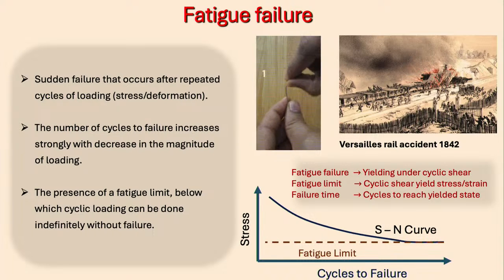The lack of understanding that fatigue can happen when a solid is subjected to repeated load led to various disasters in the middle of the 19th century, including this famous rail accident in 1842, which made people wake up and pay attention.